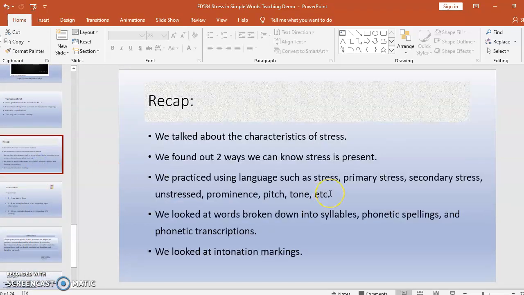So to recap, we talked about the characteristics of stress. We found out 2 ways we can know stress is present. We practiced using language such as stress, primary stress, secondary stress, unstress, prominence, pitch, tone, all those keywords. We looked at words broken down into syllables, phonetic spellings, and phonetic transcriptions. We looked at intonation markings.